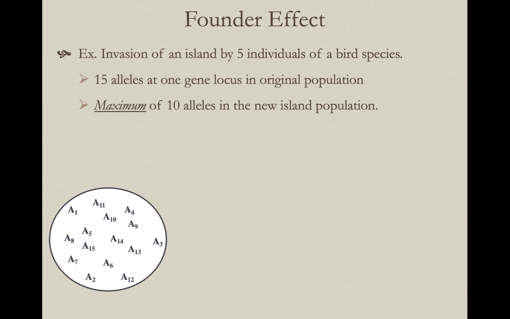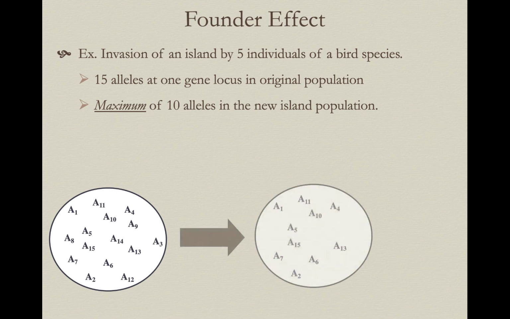But across the entire population, because it's so big, there are 15 alleles that are possible in the entire gene pool. Well, let's say that 5 birds established this new population. At maximum, the new population can only have 10 alleles. And that's assuming that each of the birds that founded this new population were heterozygous, and they were heterozygous for different alleles.